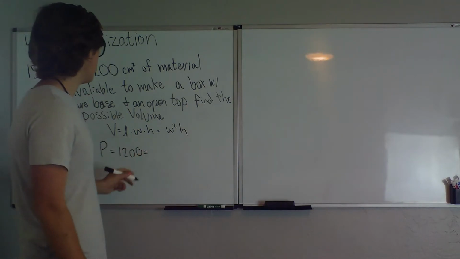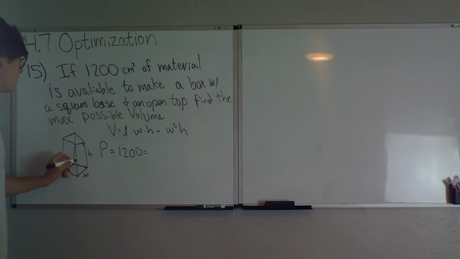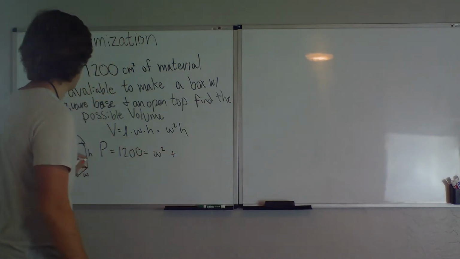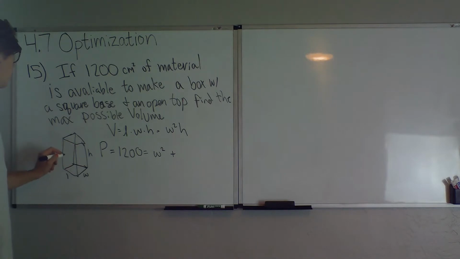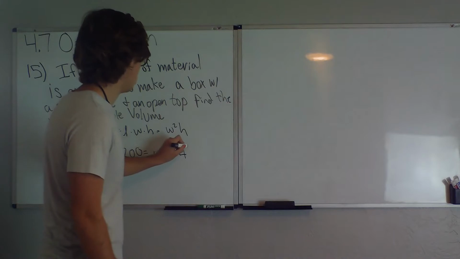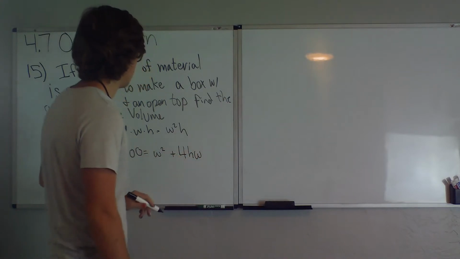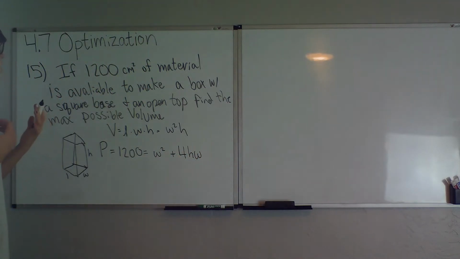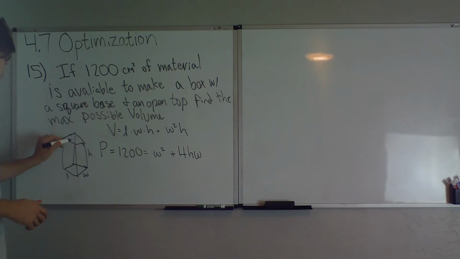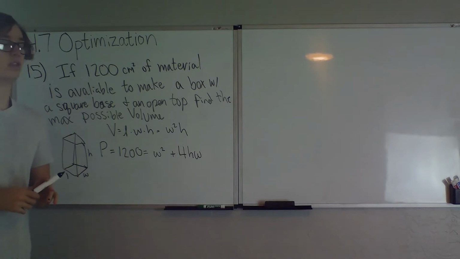And this is going to be equal to the one base, which is W squared, plus 1, 2, 3, 4 walls of HW. Okay, and is that it for our area? Yes, because the top of the box is open, so we need 0 material for it.